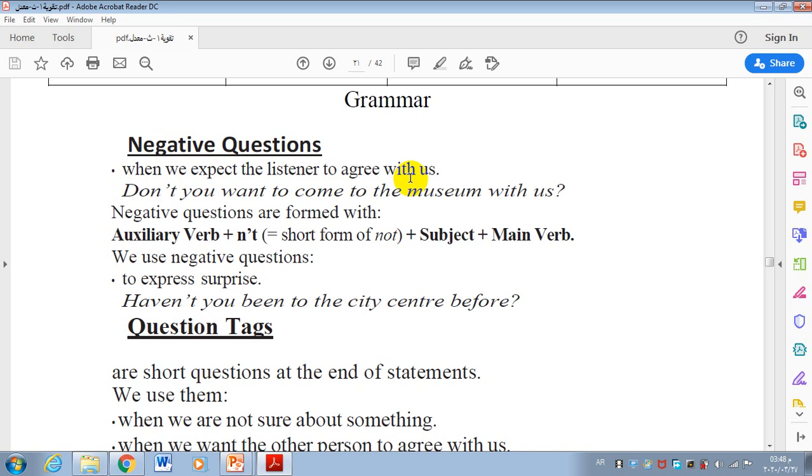It's the first use. Like this example: Don't you want to come to the museum with us? And we can use negative questions to express surprise too. Like this example: Haven't you been to the city center before?